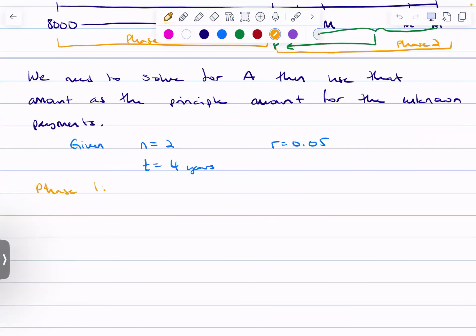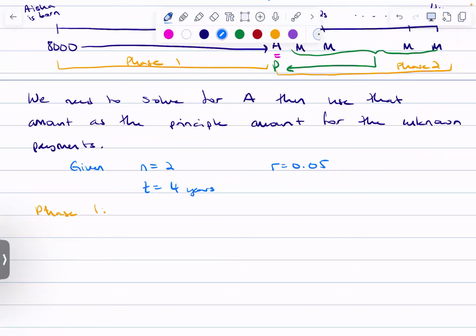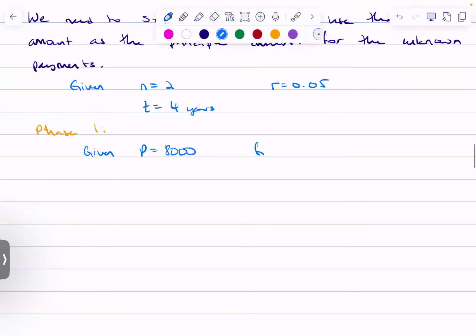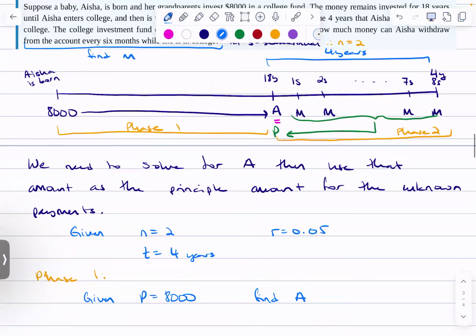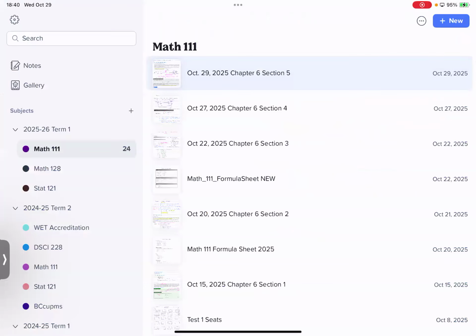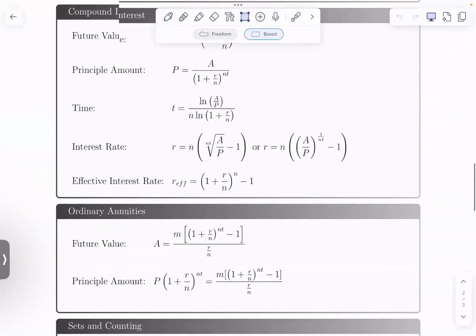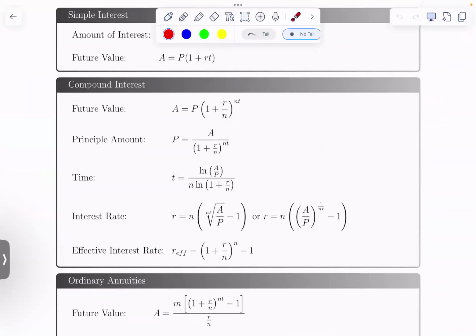So phase 1, we're given that P is 8,000 and we want to find A. Notice that there are no regular payments in phase 1. And so where are you going to look on your formula sheet? We want the future value. We have some P, and I want to find A for just a compound interest problem.